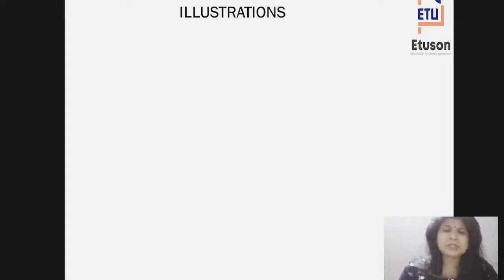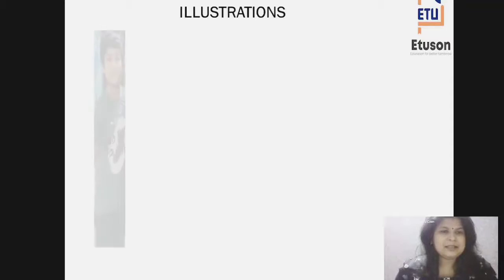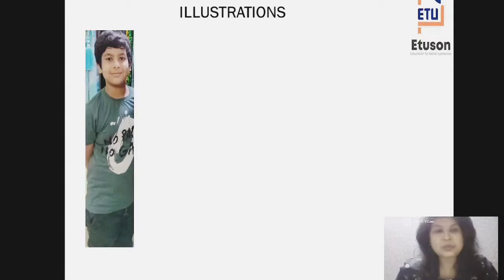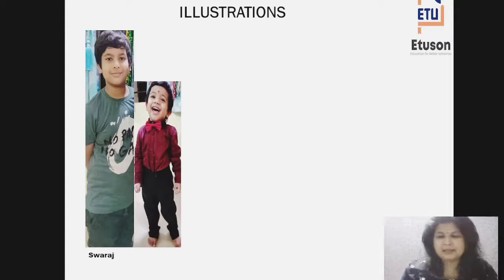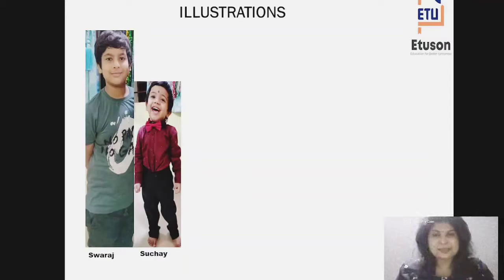Okay, so I have taken this example. This is my elder son Swaraj, and here comes my younger son Suchay. Don't wonder that I am going to explain the family tree of mine. Not exactly. I have taken this example to make you realize how we can use the concept here. Now my question is, just by seeing their pictures, can you tell me the age of Swaraj and the age of Suchay?